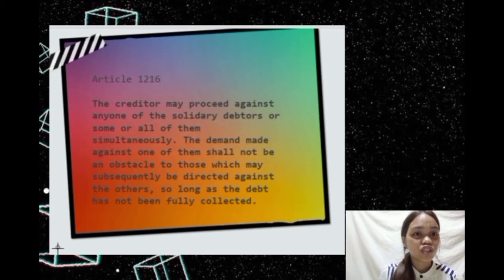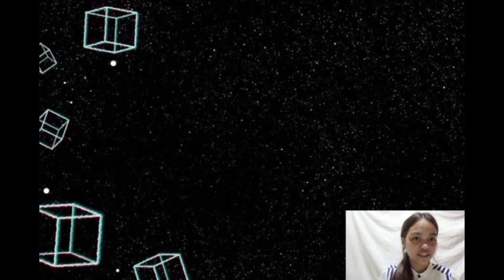If Jad pays Diane 2 million pesos, the latter can still go against all of them for the balance as long as the debt has not been entirely satisfied.